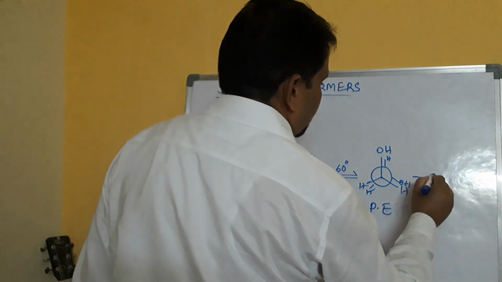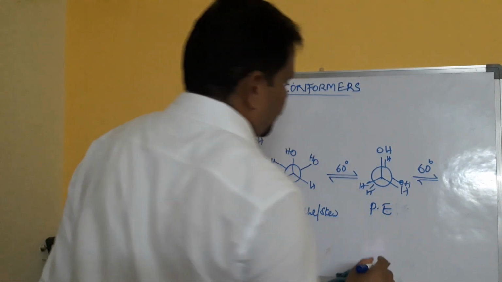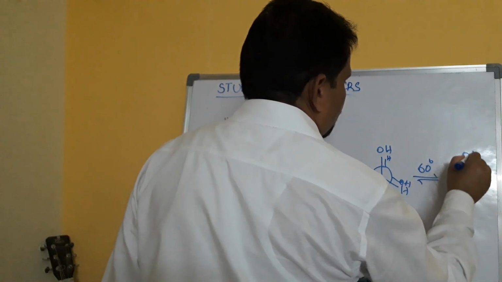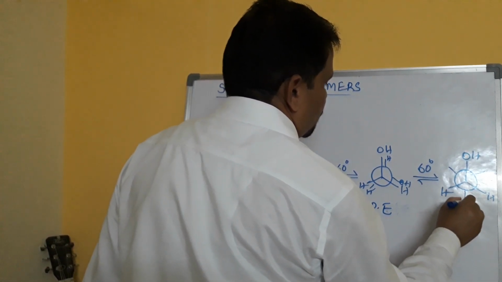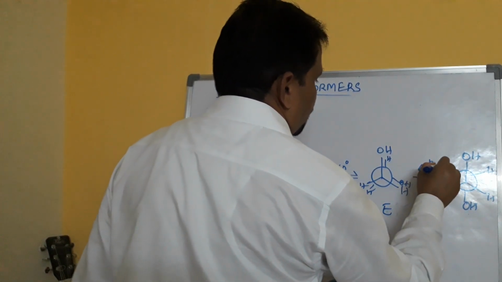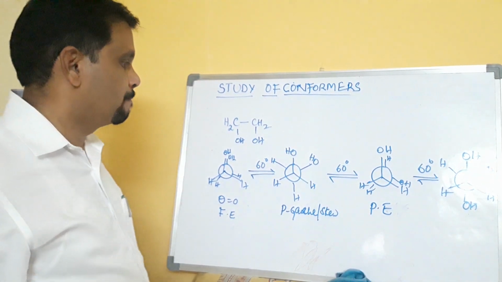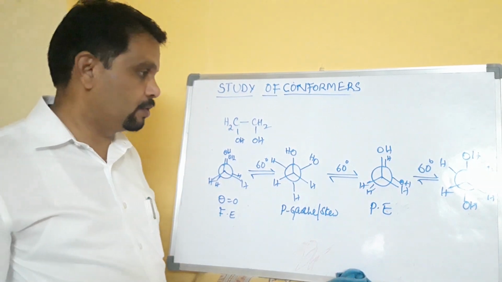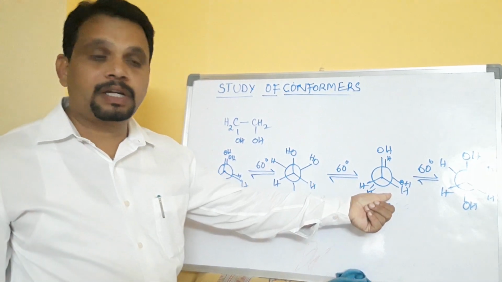Again 60 degrees rotation on the CC single bond, you will get the anti-conformer. OH, hydrogen and hydrogen, OH, hydrogen and hydrogen. This is the anti or staggered conformer. Again 60 degrees you will get the partially eclipsed conformer.